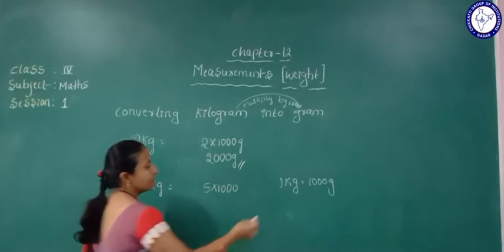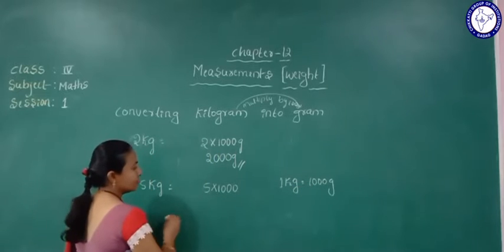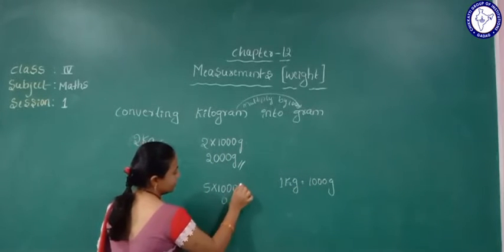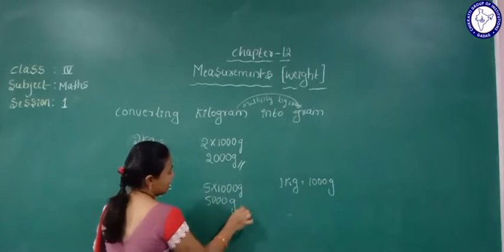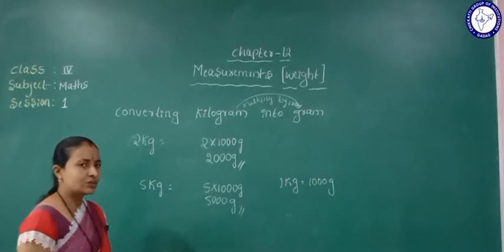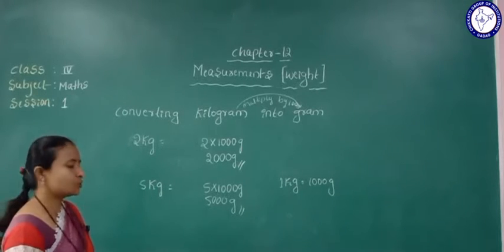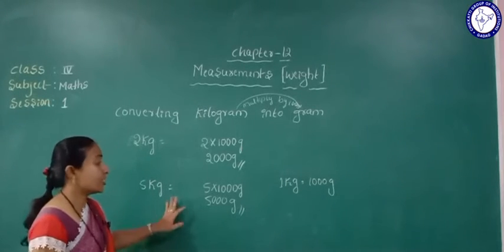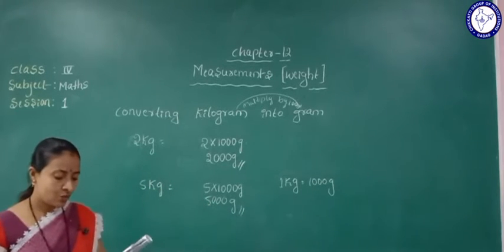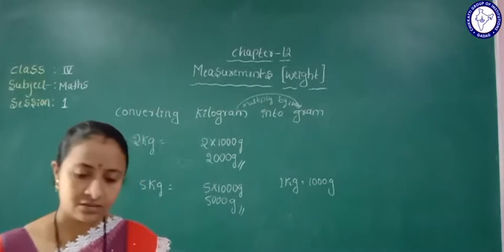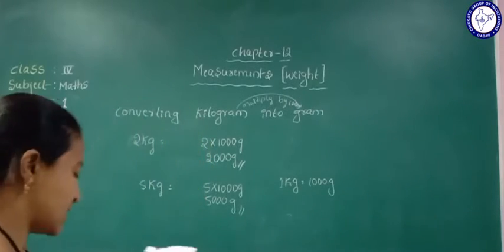We multiply this 1000 gram by 5. 5 zeros are 0, 5 zeros are 0, 5 zeros are 0, 5 ones are 5. So the answer is 5000 gram. Understood how we multiply and convert kg to gram? We will see this in the exercise.